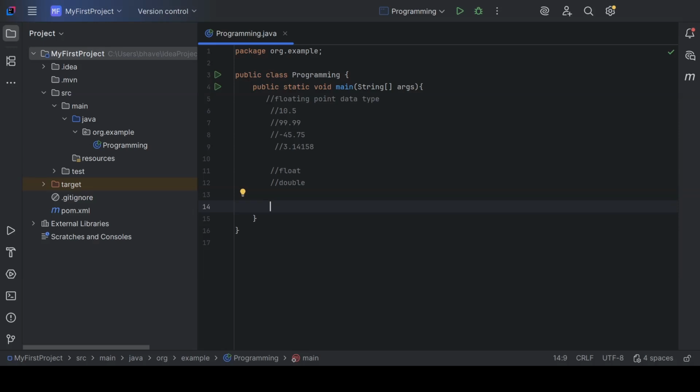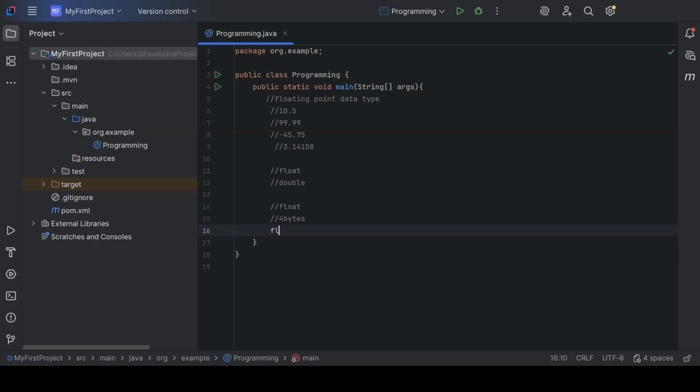So, first one is float. The float data type occupies 4 bytes of memory. It can store decimal numbers with approximately 6 to 7 digits of precision.